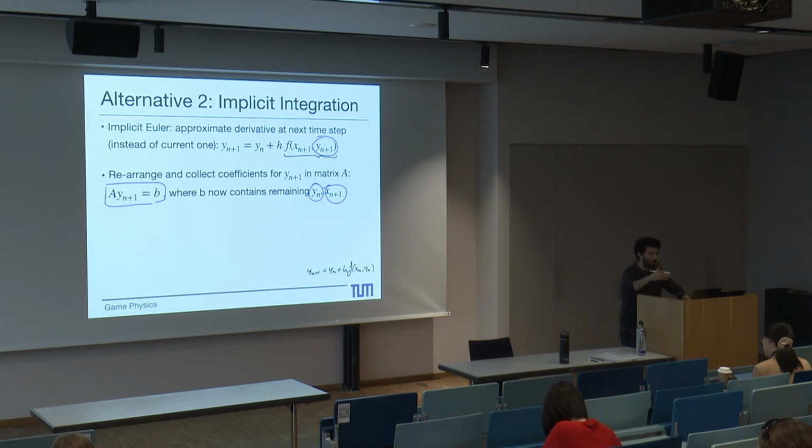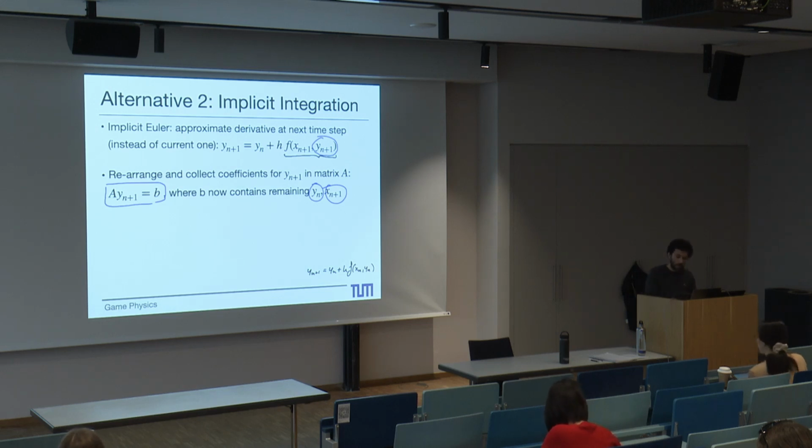And xn plus 1 is not particularly important for us because we know it exactly. It's just xn plus h, because it's fairly trivial. So that's not a problem. But yn plus 1 is actually, let's say, problematic in order to perform the computation.